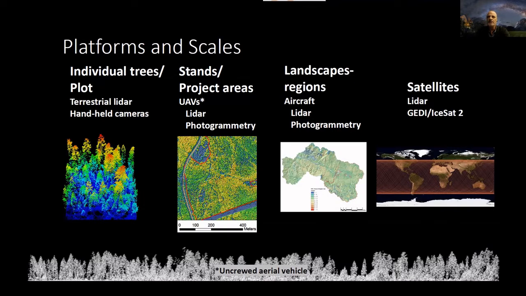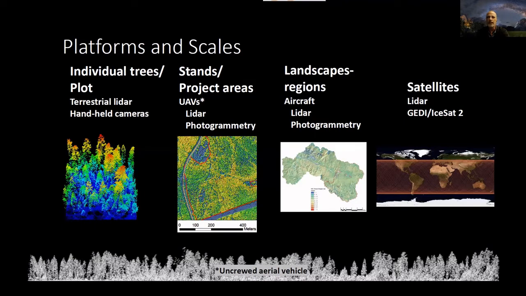Then over landscapes, regions, whole countries, you would typically go with aircraft, and there you can use either LiDAR or something which is emerging. And there will be a talk on an example of this in these sessions: photogrammetry derived from aerial images taken over very large areas.